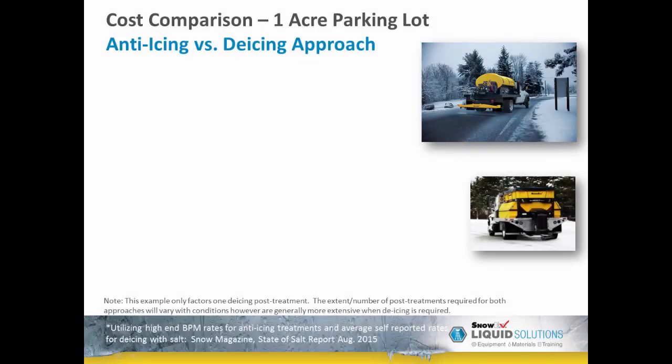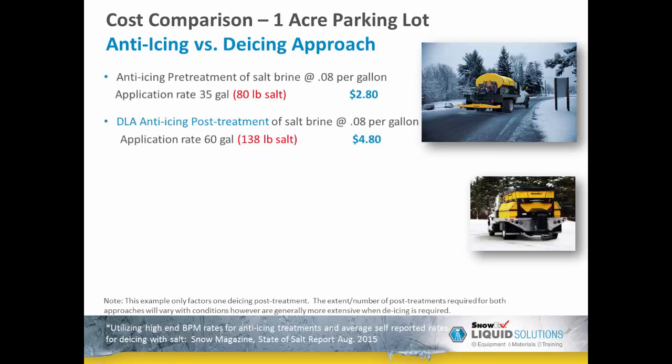Here we compare the costs of taking an anti-icing versus traditional de-icing approach on a 1-acre parking lot. For this example, we utilize higher application rates for the DLA pre- and post-treatments at 35 and 60 gallons respectively.